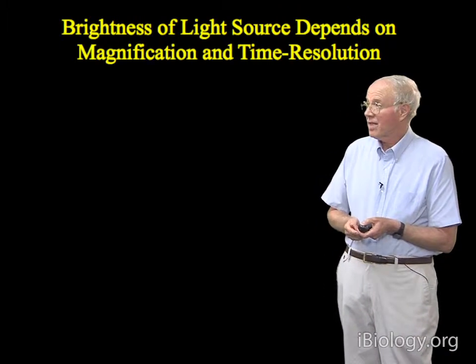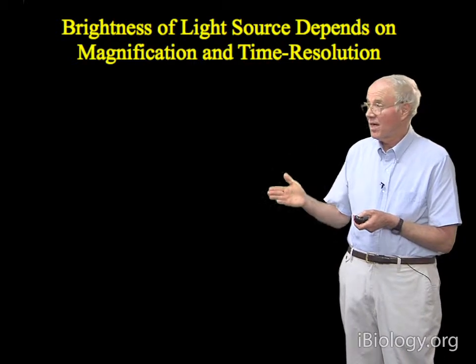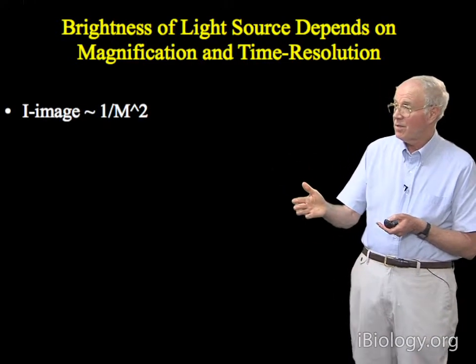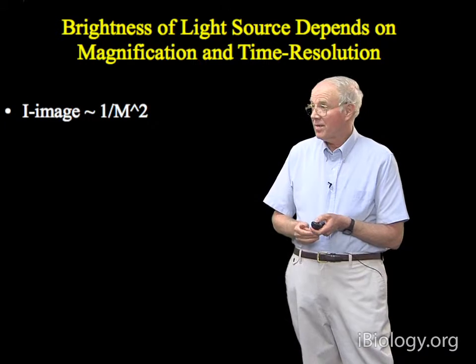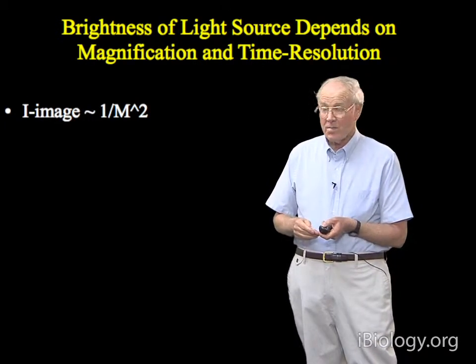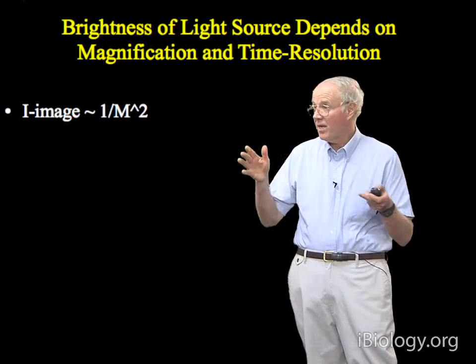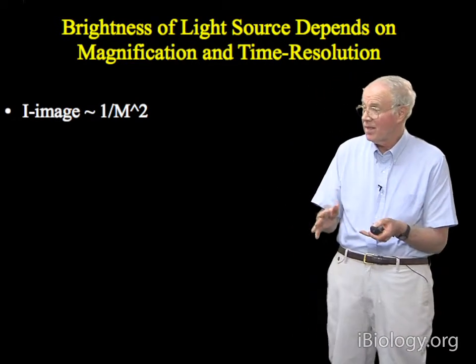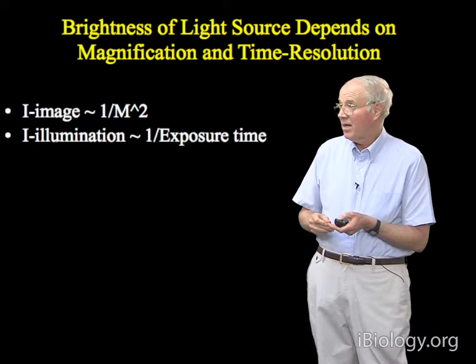Now, brightness of the light source depends on magnification, time, and resolution. And you remember that the intensity in the image is given by 1 over the magnification squared. So the higher the magnification, the lower the intensity is.